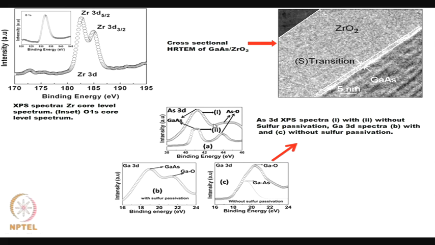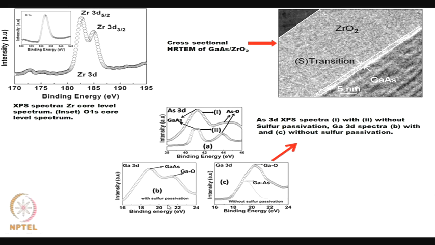What we find is that this is the arsenic 3d spectrum and this is the arsenic oxide, and this arsenic oxide has decreased. This is a very sharp peak, here it is mirrored out. So, with sulfur passivation we find that there is a considerable decrease in arsenic oxygen bonds.